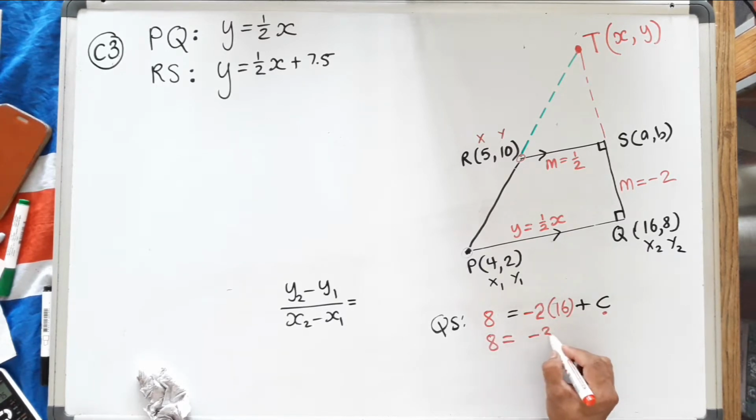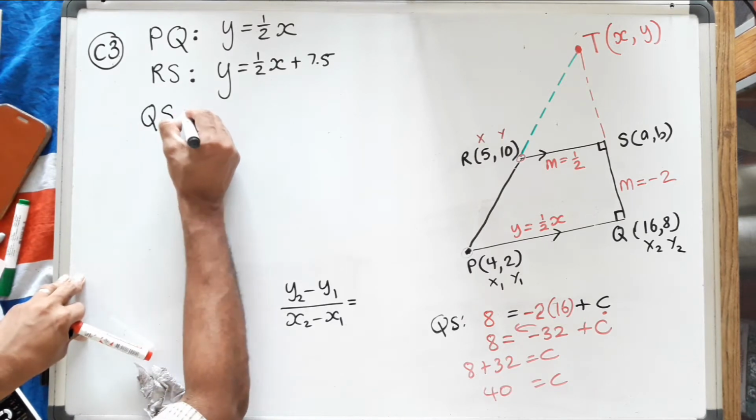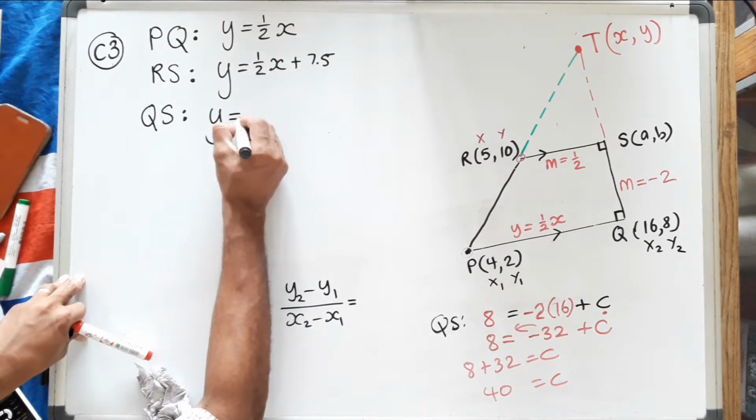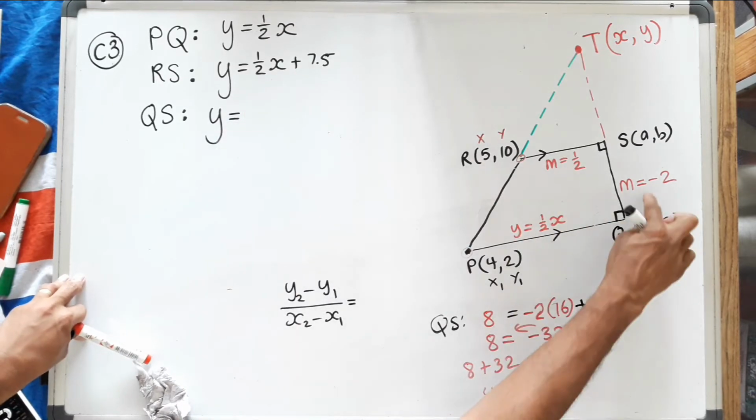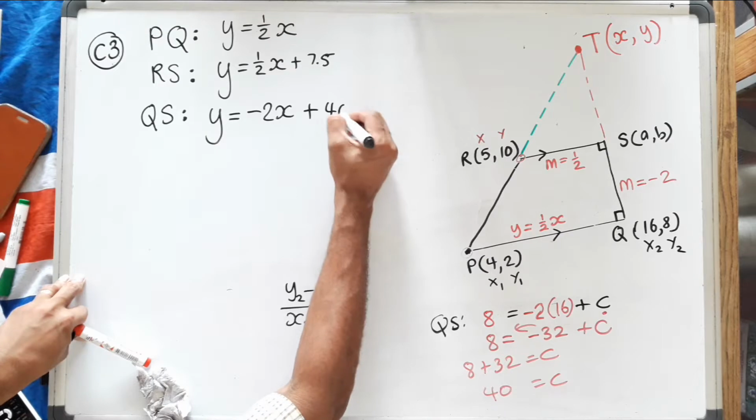Minus 2 times 16 is minus 32. Throw across a negative, you get a positive. C is 40. So that means the equation of QS is y is equal to minus 2x plus 40, the gradient is minus 2 and the y-intercept is positive 40.